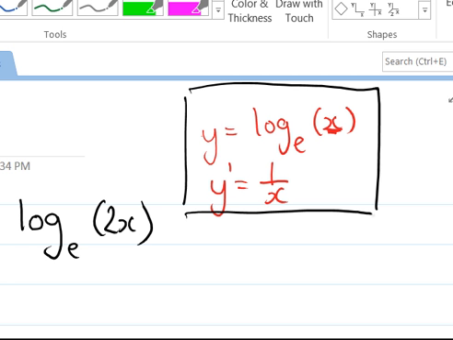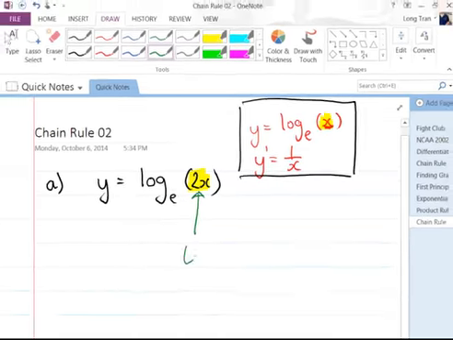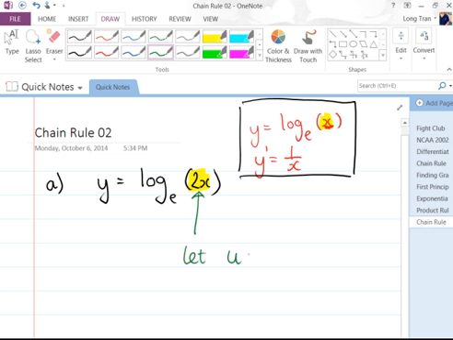Okay, so right here, the problem is we have 2x. That's something we don't know. We know it if it's x, but not 2x. So how do I do this? Well, because this is something I don't know, I want to make it something I know. So I want to say let u equal 2x.